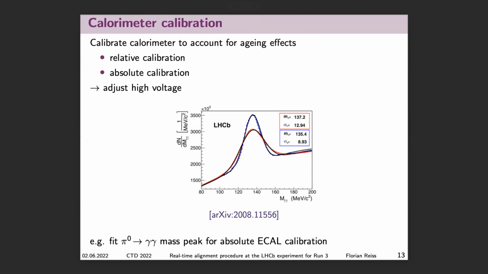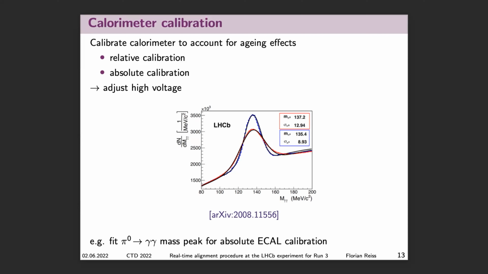For the parameters, we need to calibrate them to account for aging effects, where we have a couple of different steps which provide relative and absolute calibrations, which in the end results in us adjusting the high voltage.